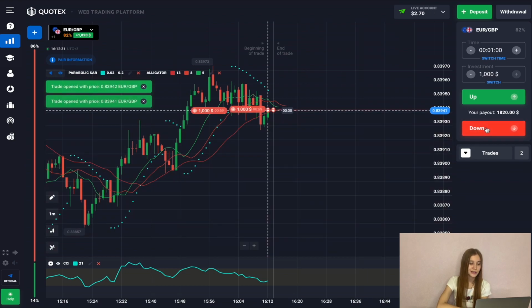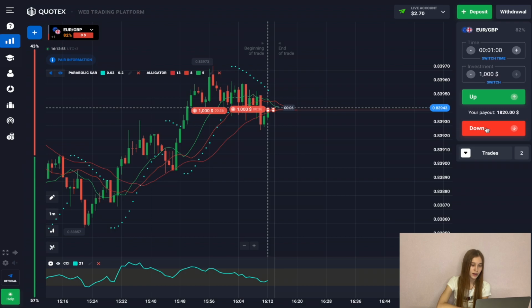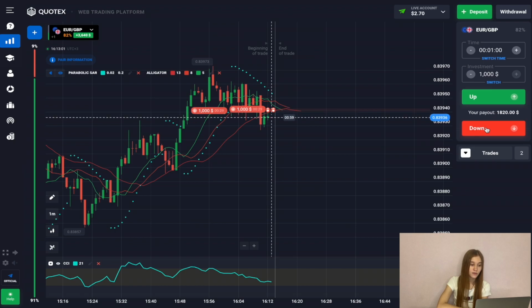So we will open a double trade to reduce the price here, as we see that we have a moving average and a parabolic showing a sideways movement. That is, now we have a chance that after this movement we will be able to close our deal successfully on a red candle, as it will be most expected now that the price averaging will begin, which will lead to high sales.